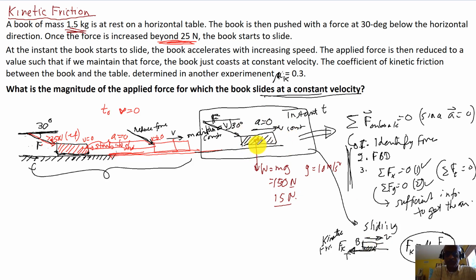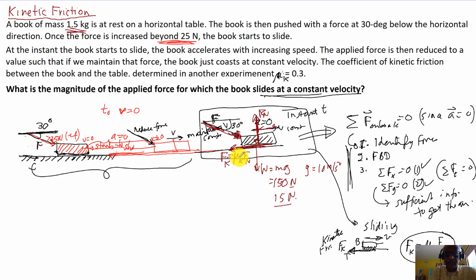We already talked about friction, Fk, and we have normal, and we have this unknown force to maintain this constant velocity. So these are the four forces, and Fk equals mu k Fn.